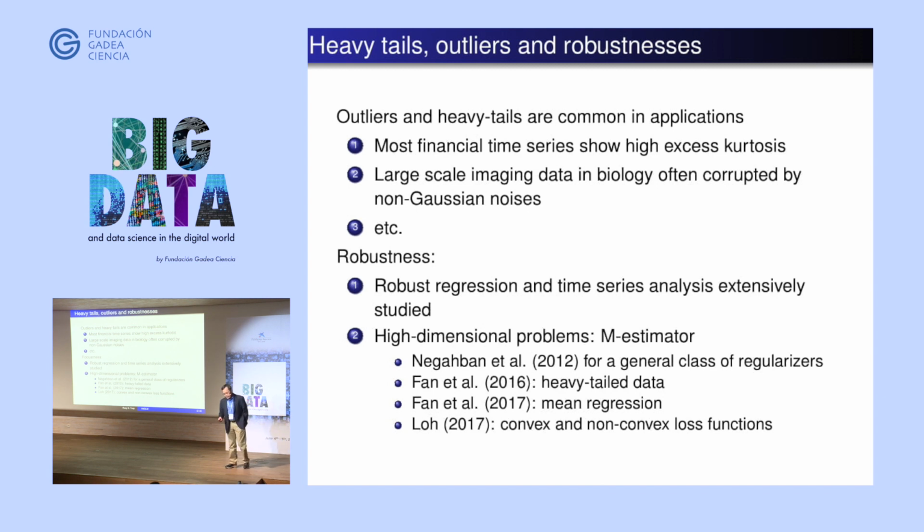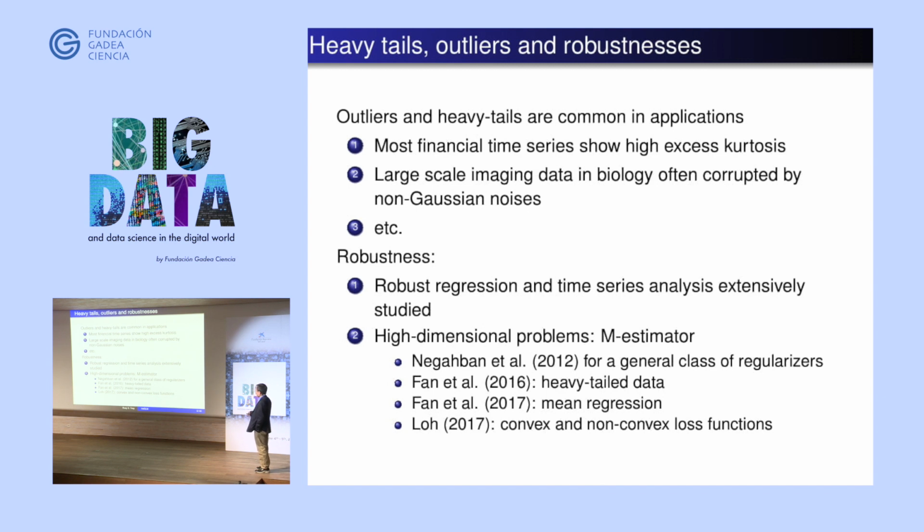Outliers happen all the time. Missing values and outliers are all quite common. For heavy-tailed distributions, Jianqing already showed you a lot of high excess kurtosis. In finance, those can be quite high. So what I would like to do is extend the robust regression or robust time series literature to this high-dimensional case. Jianqing already mentioned some of that. We actually use the idea of truncation, which is the one we would like to do.